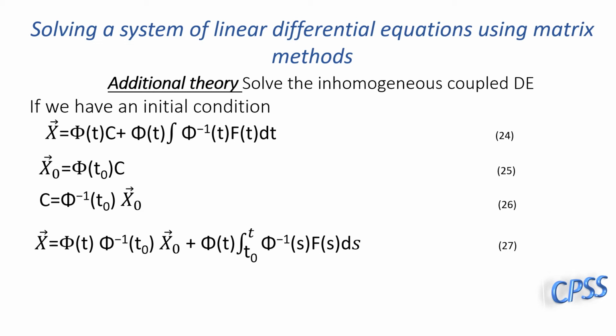And you see in equation 26, now, well, equation 27, you now have a solution. A solution of the first part, what they call a solution with an initial condition.